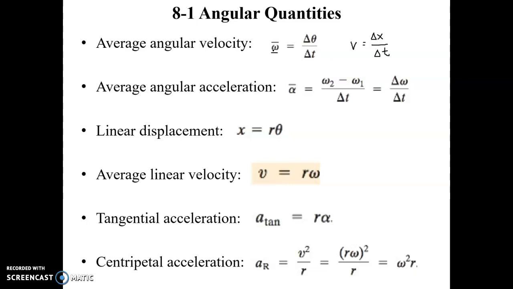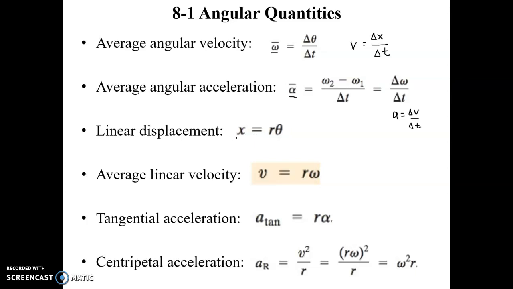So omega is angular velocity, v is linear velocity. Theta is angular distance or displacement. X is linear displacement, and time is the same. And then we have alpha, which is angular acceleration, delta omega over delta t, just like our linear acceleration a is delta v over delta t.